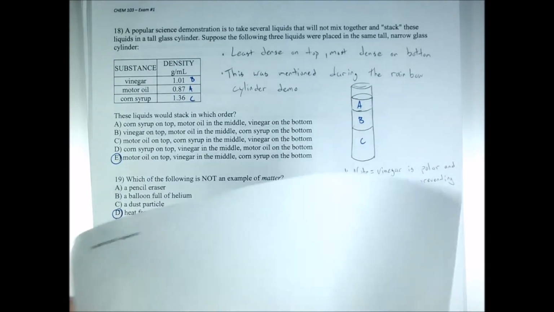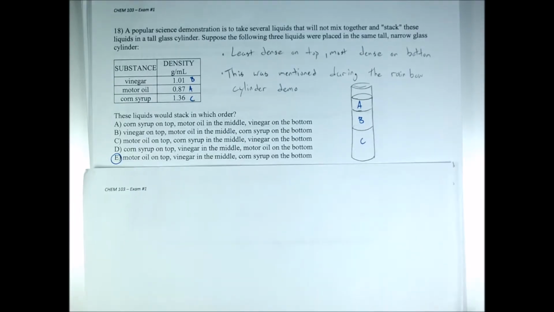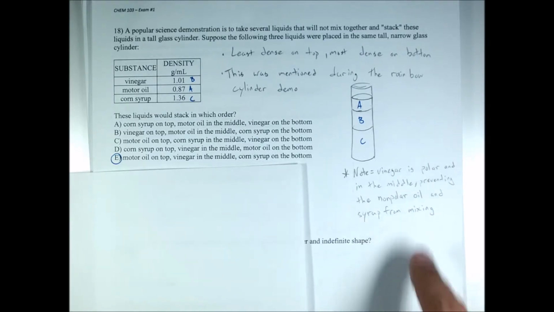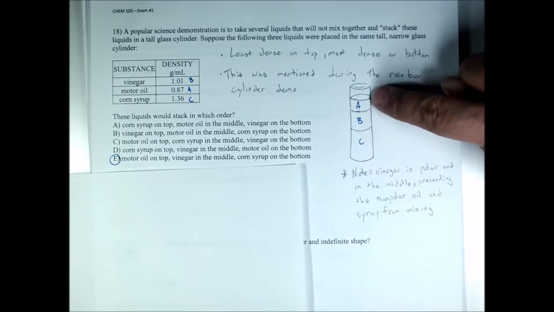So this one here, we are stacking liquids of different density. I did mention in here, we haven't covered this quite yet, but liquids that do not have the same type of polarity, we'll cover this later in the semester, won't mix. So we're talking things like oil and water, we know those don't mix. And what's basically happening here is we have nonpolar, polar, nonpolar.